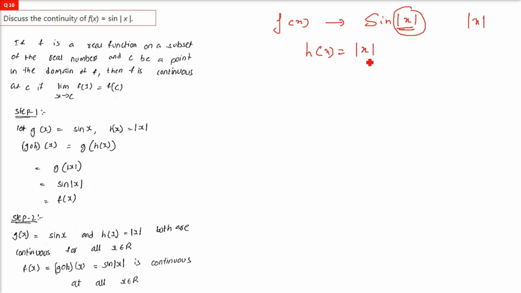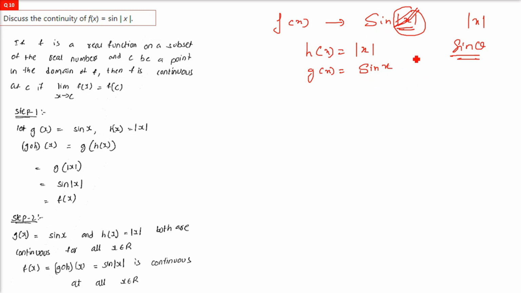So h(x), if you assume it to be modulus of x, and assume this mod x to be theta, sine theta is by itself a function. So h(x) is mod x and g(x) is sine x. So in place of x, there is mod x.